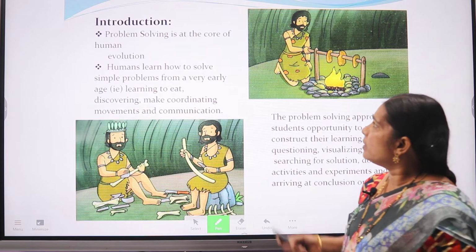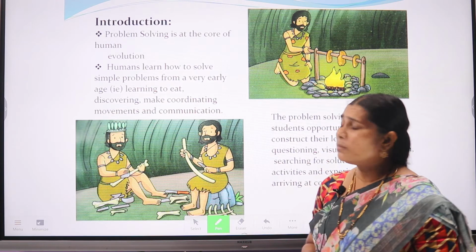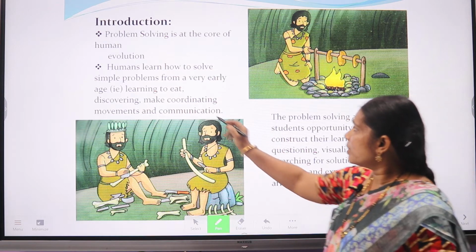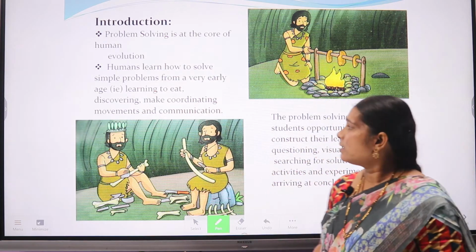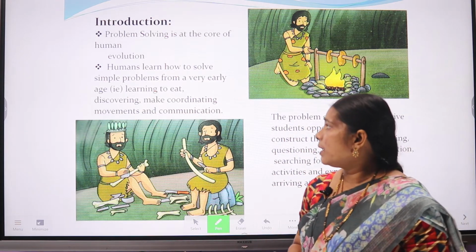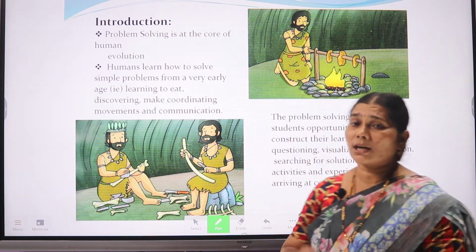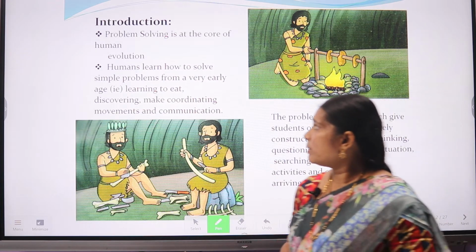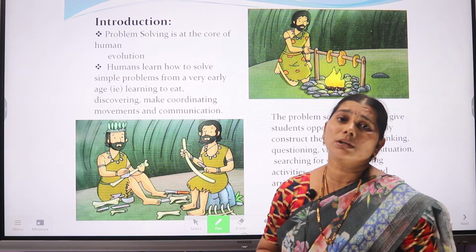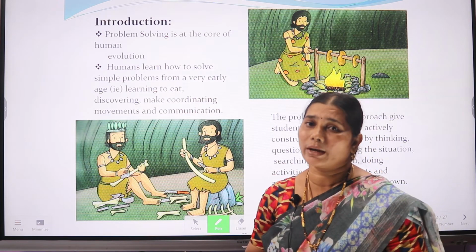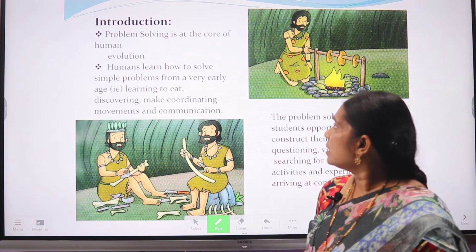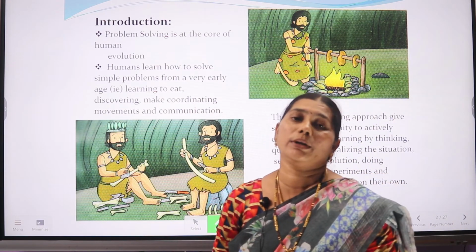When we look at human evolution, humans learned how to solve simple problems from a very early age. They learned how to eat, they discovered fire, made coordinated movements, and started to communicate with everybody, and this is how they were able to meet all the needs and requirements they had. So we can say that problem solving is at the core of human evolution.